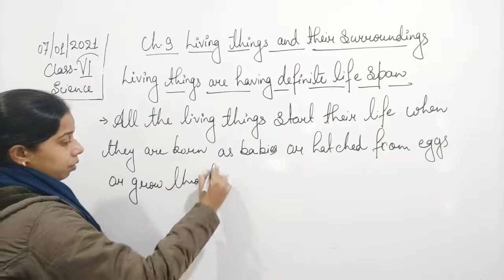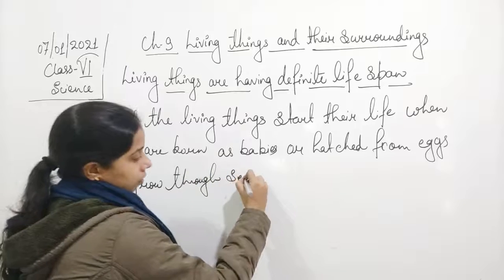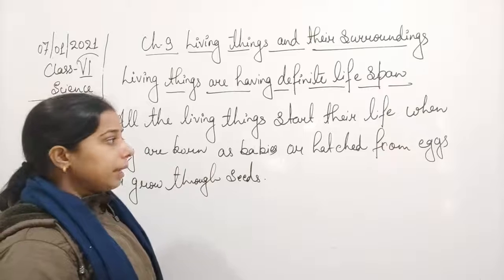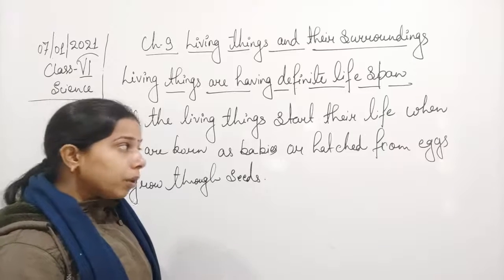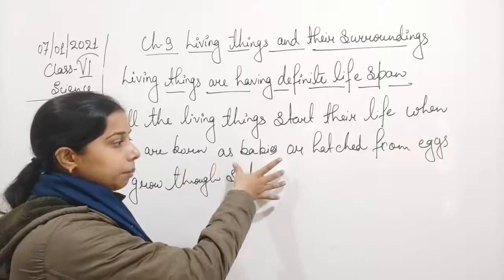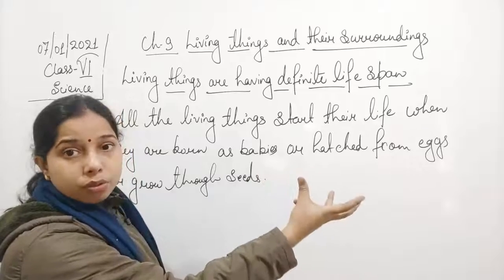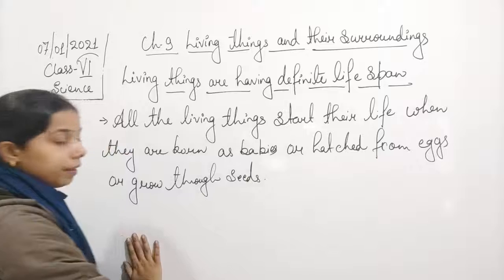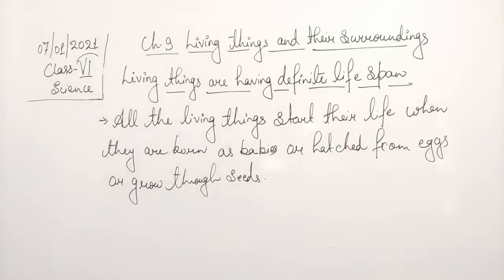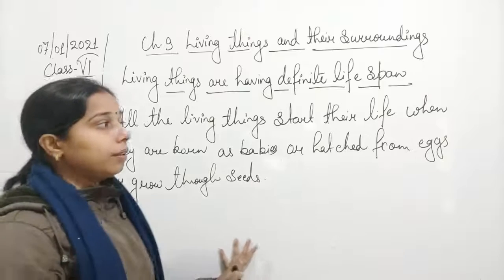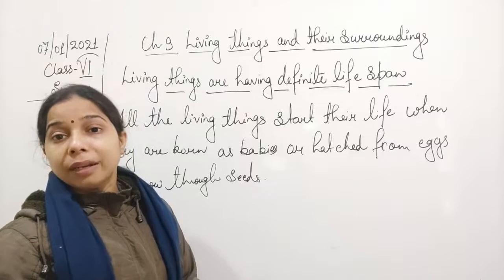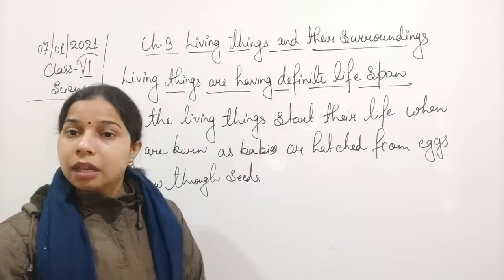Okay, so the condition can be anything, students. Giving birth to a baby, so born as a baby, or an egg also which gets hatched, so hatched from the egg, or even from the seeds. These all living organisms grow and develop into an adult living thing.